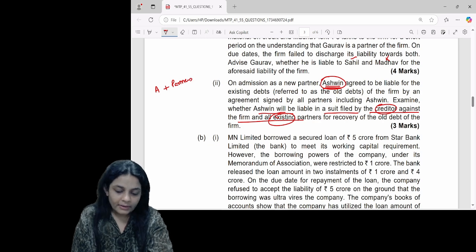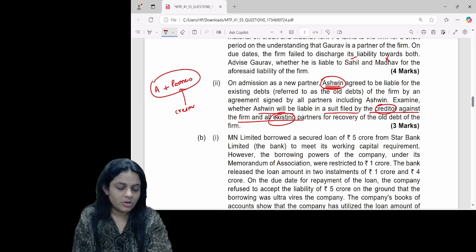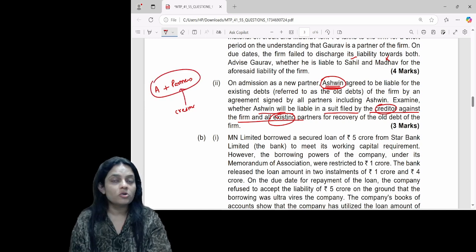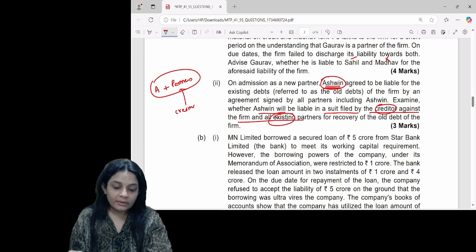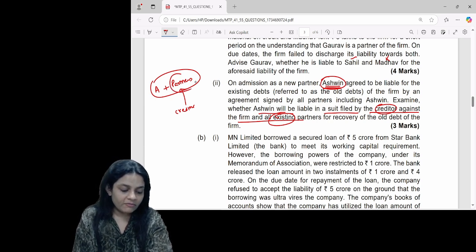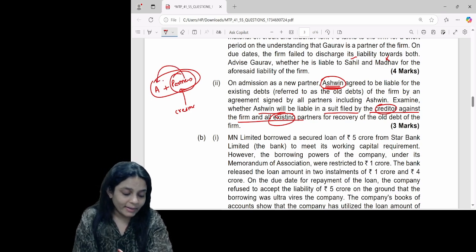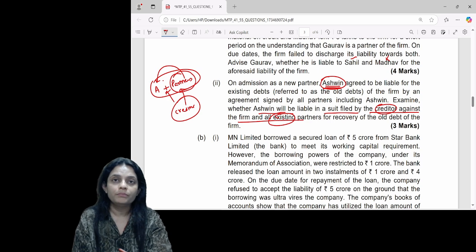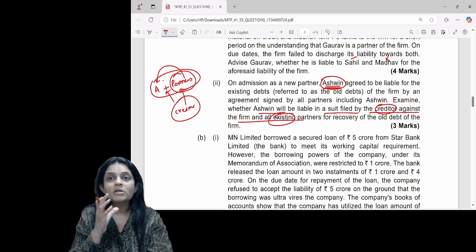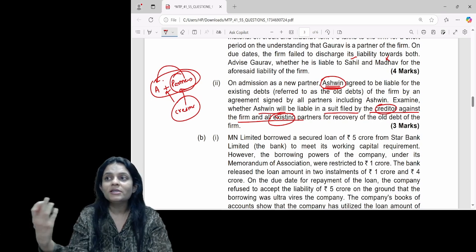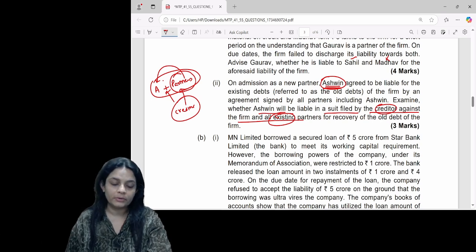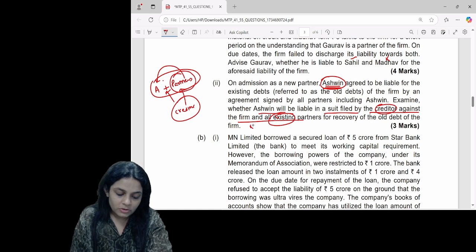The creditor is just an outsider to their contract, privity of contract. Can the creditor sue on this contract? No. The creditor can only recover the money from the old partners. The existing partners may recover it from Ashwin, but the creditor has no right to sue Ashwin. Why? Because this liability from a prior date is between my partners, not with the creditor. So is Ashwin liable to the creditors? No.